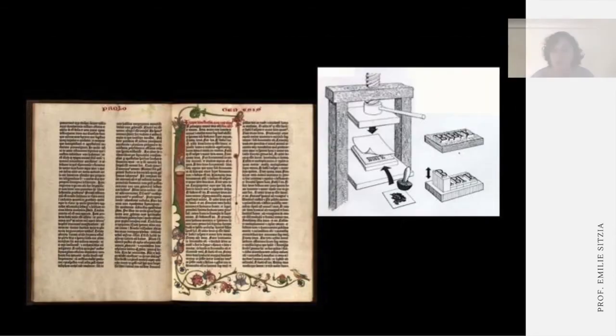Things change with Gutenberg and the printing press revolution because the image is then reassessed. In 1440, Gutenberg discovers the movable type, and it shifts something in terms of the balance of the image and text. And it's partly due to the printing techniques.